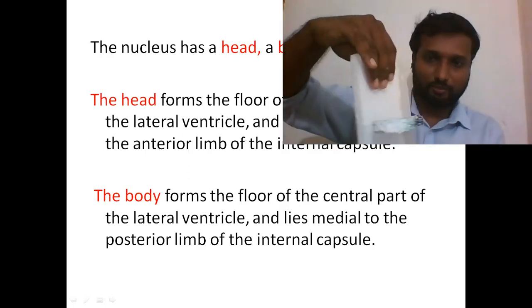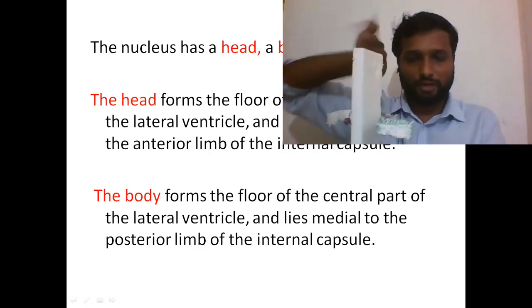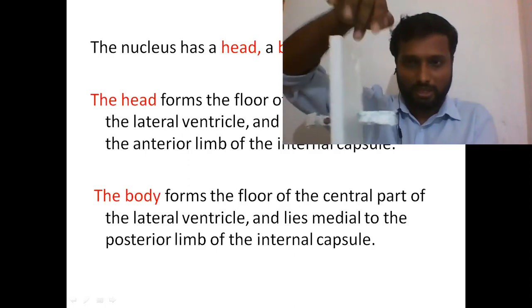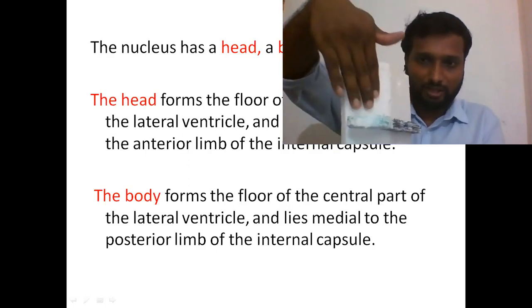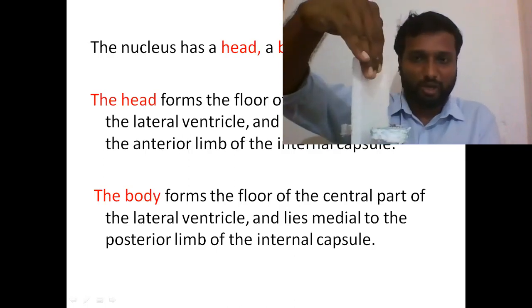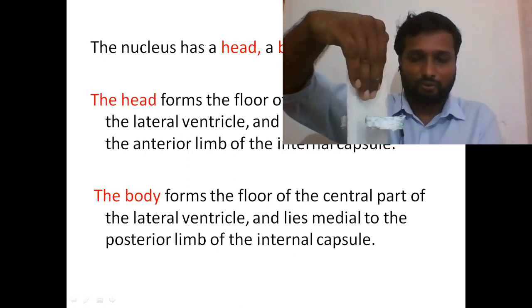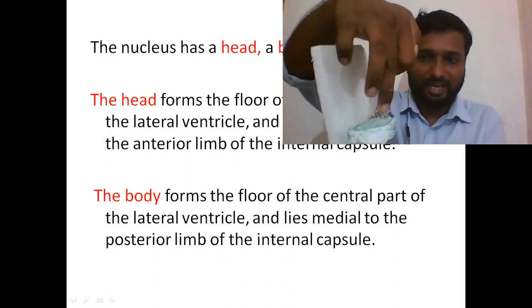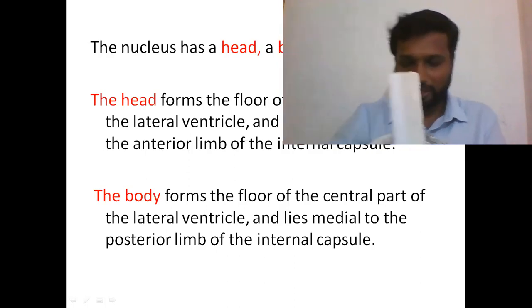This is the anterior limb. Okay, this is my right side, so this is the right side internal capsule and the right side caudate nucleus. So this is the anterior limb of the internal capsule. Medial to that, here come the nuclei. So medial to this anterior limb of the internal capsule, we have the head.